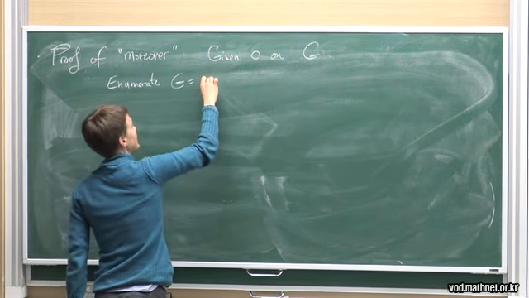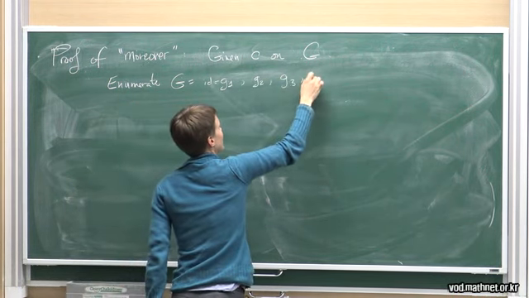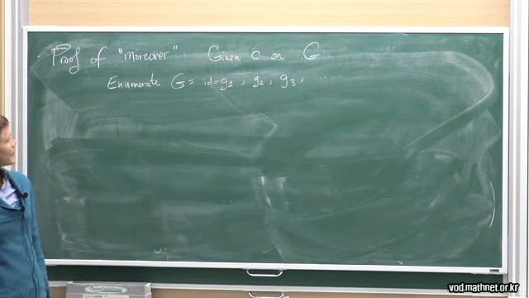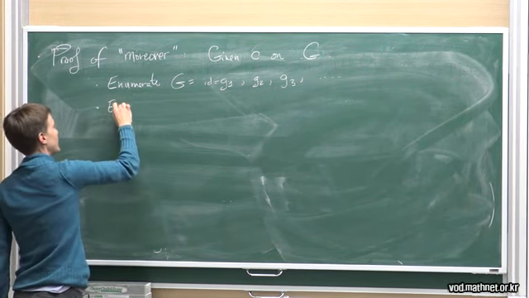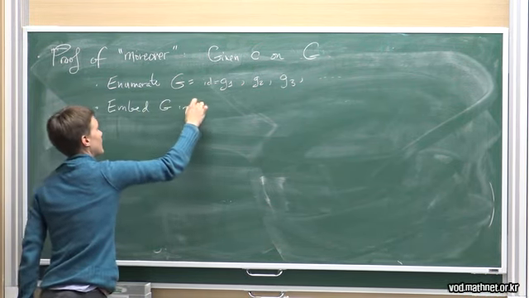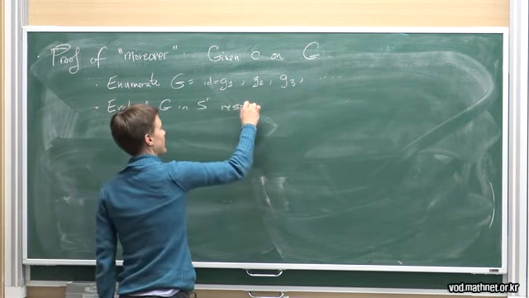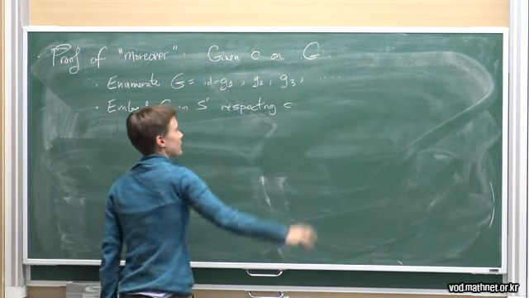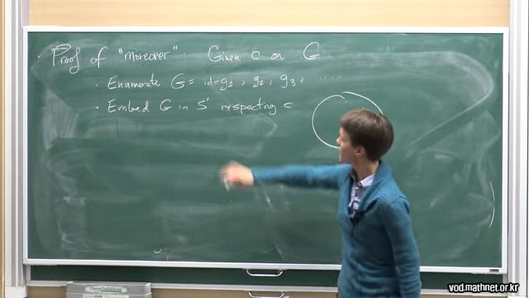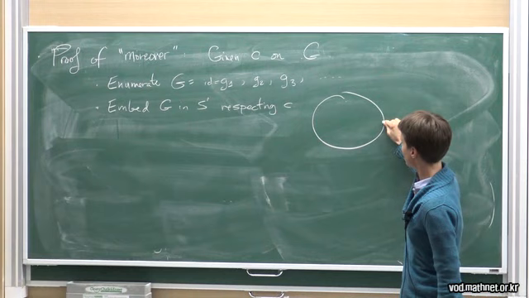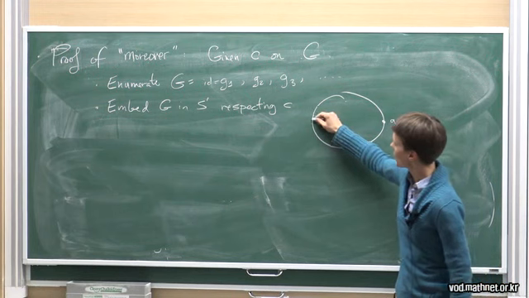Let's start with identity as G1, and then do whatever you want. Just enumerate it somehow. Okay. And I'm going to embed my group in the circle using my order, so in a way that respects the order, and I'll just do this inductively. I'll take my first point, that's identity, and I'll just put it wherever I want. Great. Now I'll take the next one, and I'll also put it wherever I want.